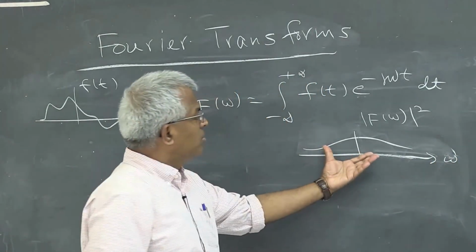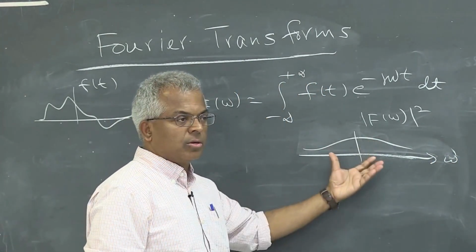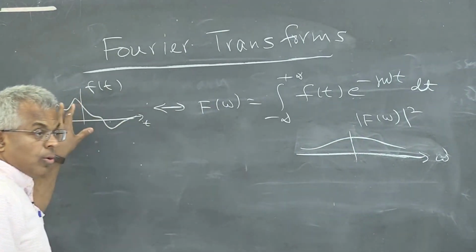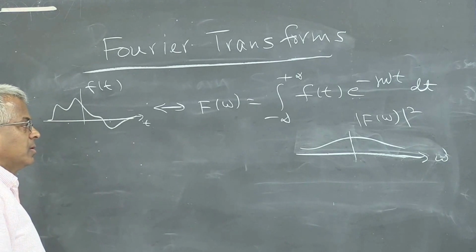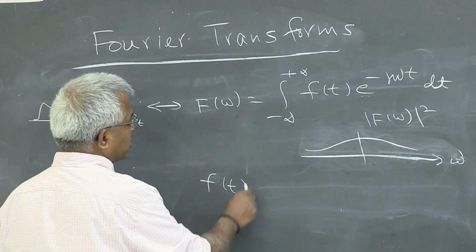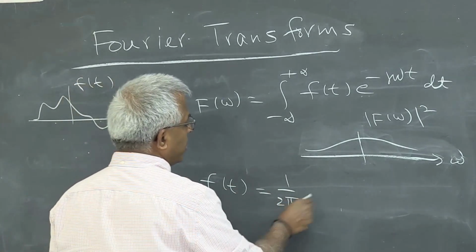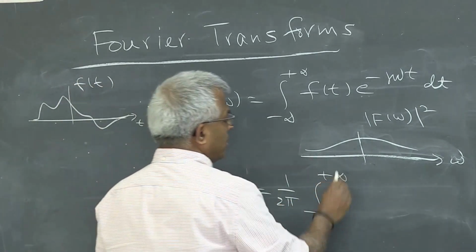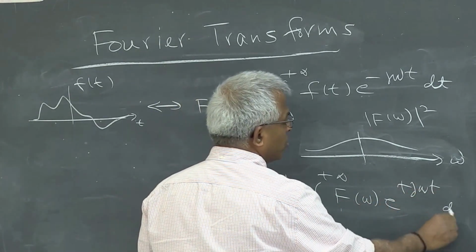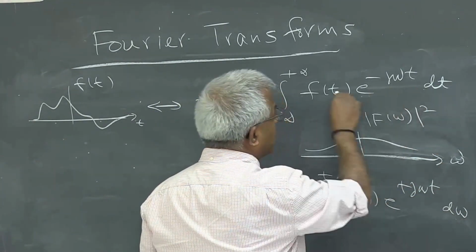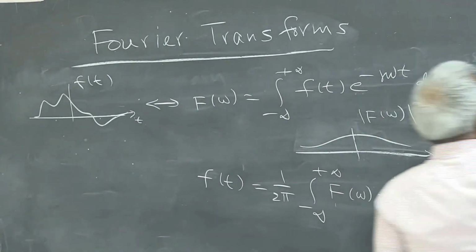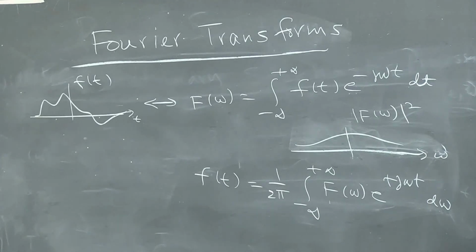You can see here most of the energy is concentrated around the baseband, so we call this a low pass signal, the way I have drawn it. And the inverse Fourier transform relation is 1 over 2 pi, the integral of F of omega e raised to plus j omega t d omega. This is not dt. Here we are integrating with respect to frequency to produce a function of time. So we will use this notation.